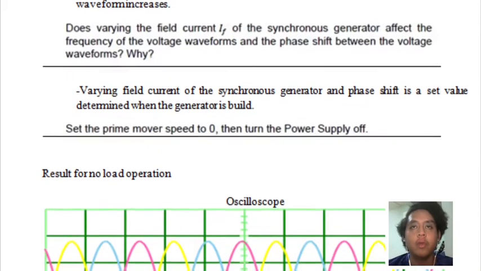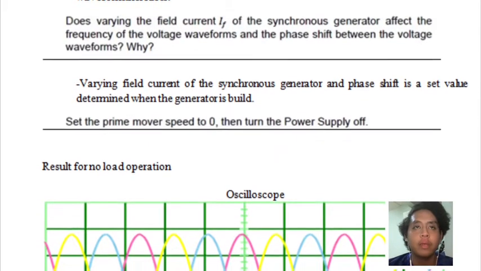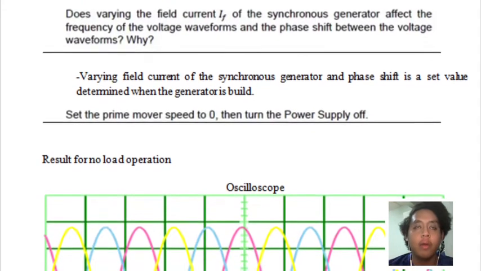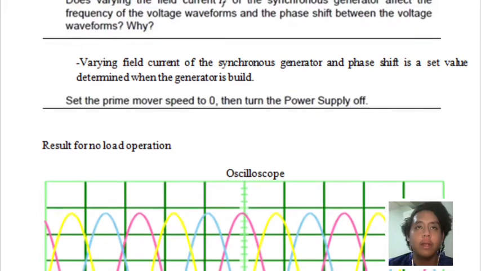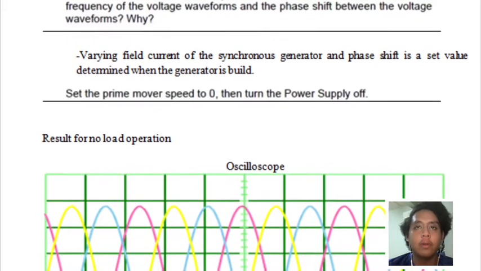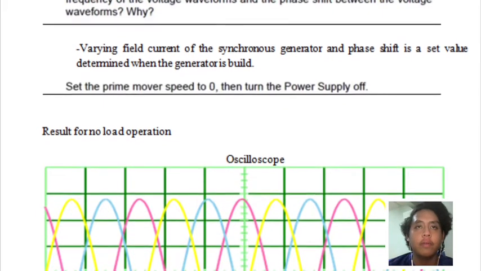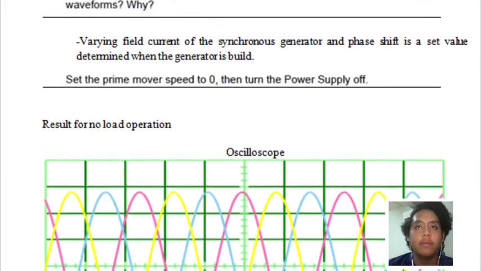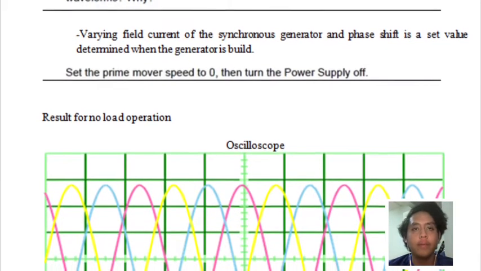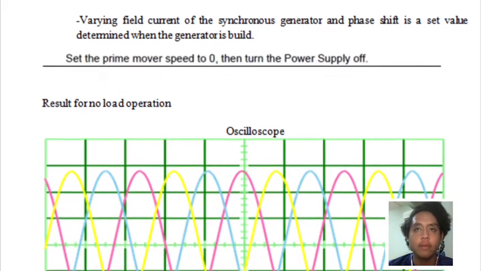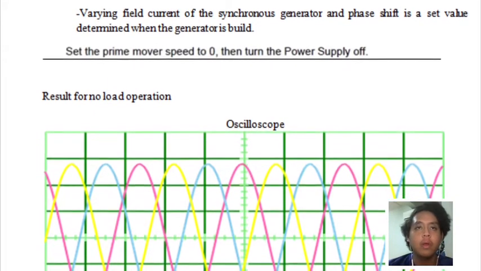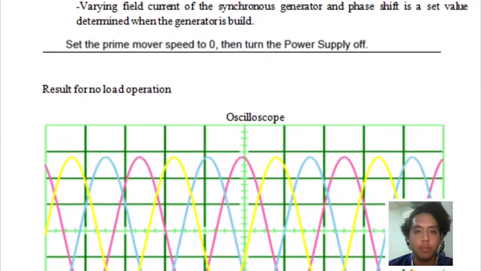Therefore, the amplitude of the voltage waveform is increased. Okay, next, does varying the field current IF of the synchronous generator affect the frequency of the voltage waveform and the phase shift between the voltage waveforms? Why? So the answer is varying the field current of the synchronous generator does not affect them, and the phase shift is a set value determined when the generator is built.